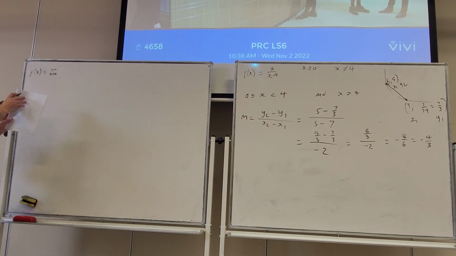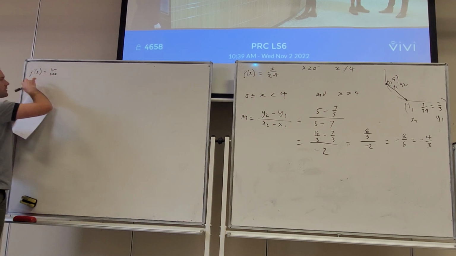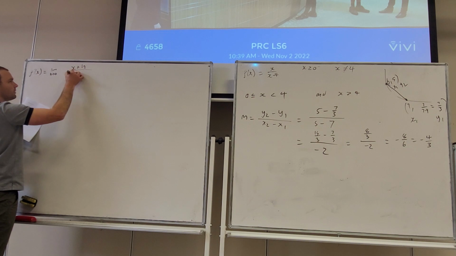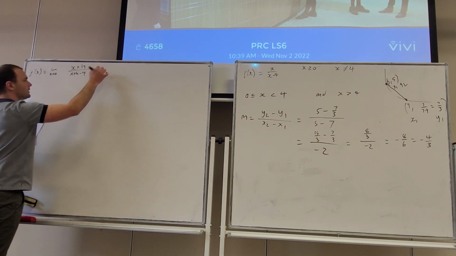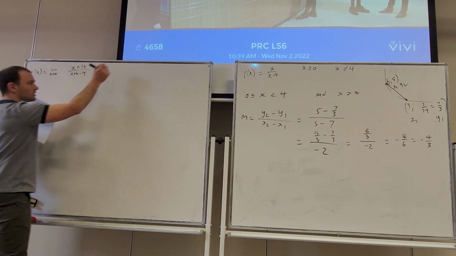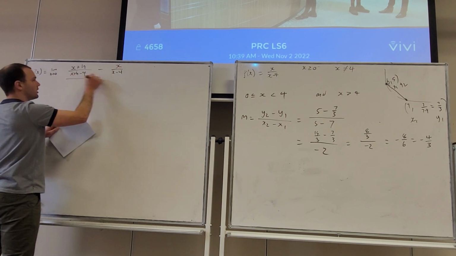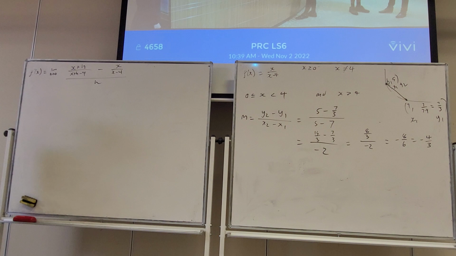All right, I'm just going to work through it a bit up here. So let's just make the statement first. That's our first mark. f of x plus h, take away f of x, on top of h, where f of x plus h is x plus h on top of x plus h take 4. That's the first step, isn't it? Make the statement. This is what we need to process.